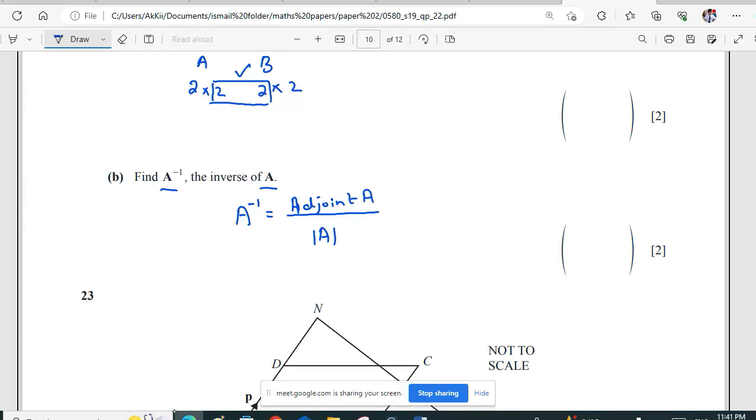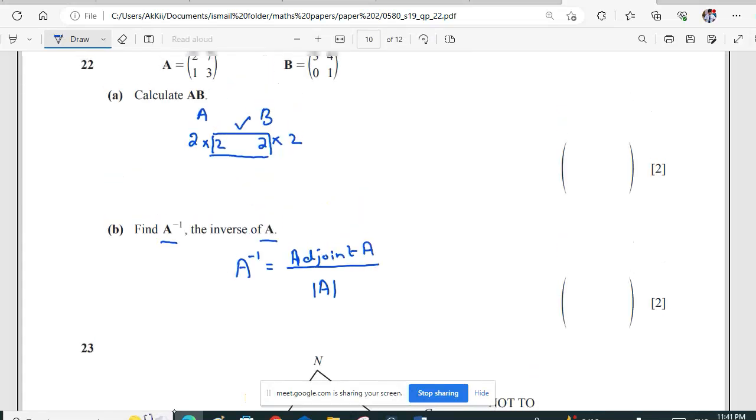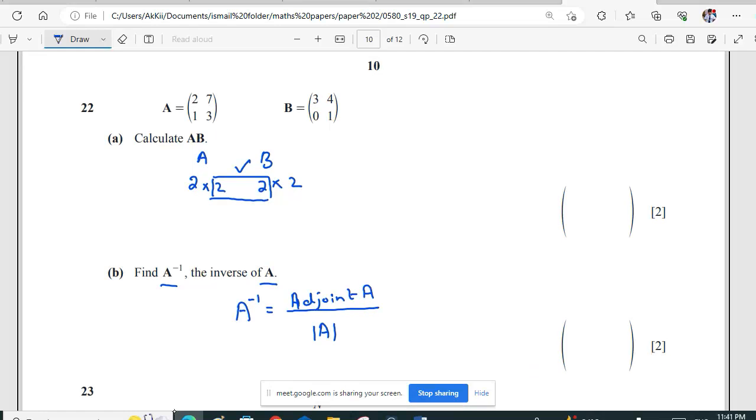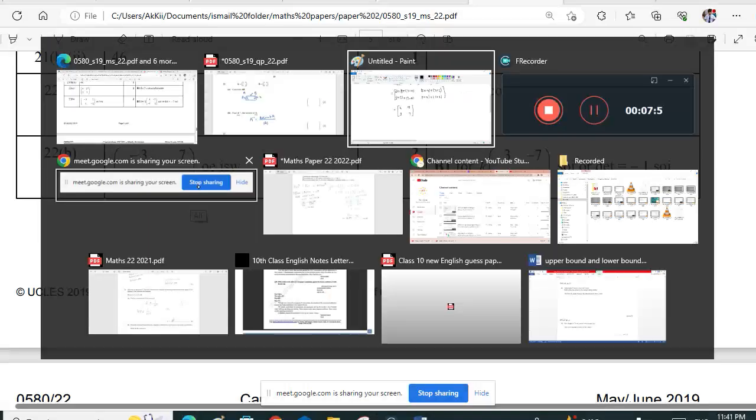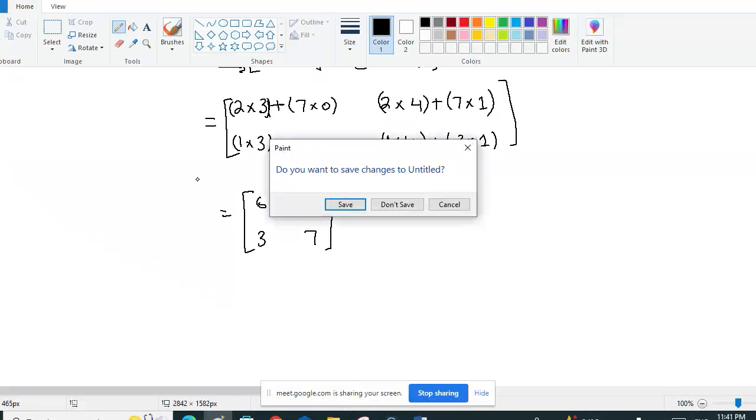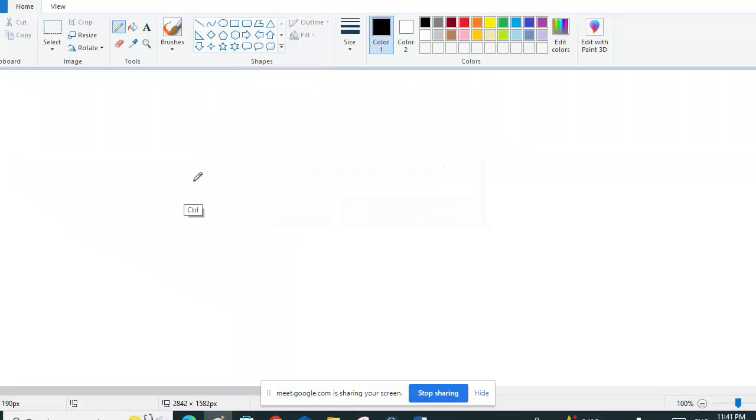So let me grab this matrix and explain how to find the inverse of this A matrix. First of all, I'll write a formula over here: A inverse is equal to adjoint A divided by the modulus A.